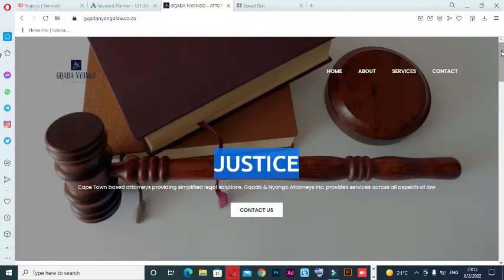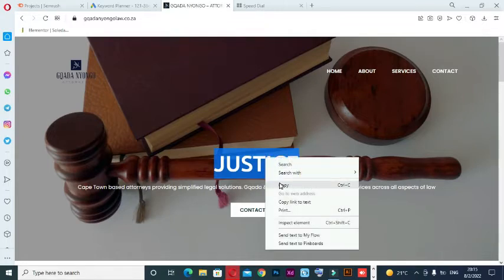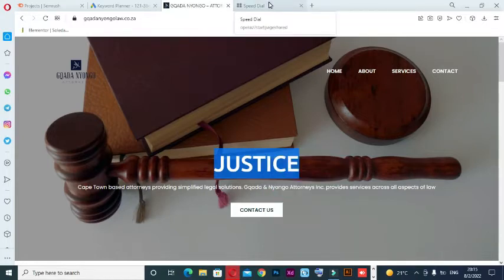So that being said, I expect a keyword here. That keyword will be defined later on by what we'll see in Search Console and in Google Keyword Planner: exactly which words people use when they are looking for lawyers or advocates in Cape Town, because they are based in Cape Town.